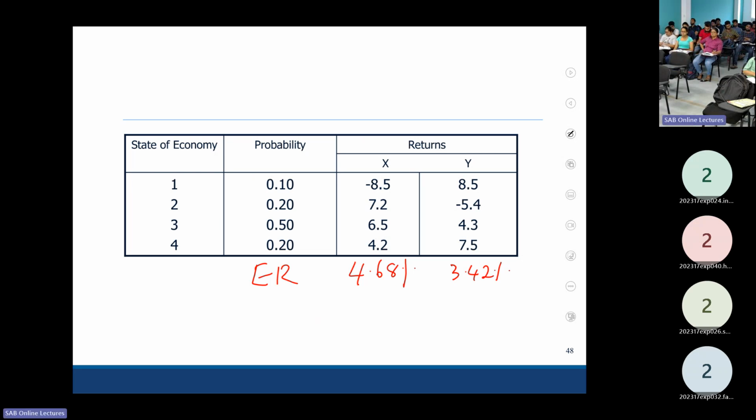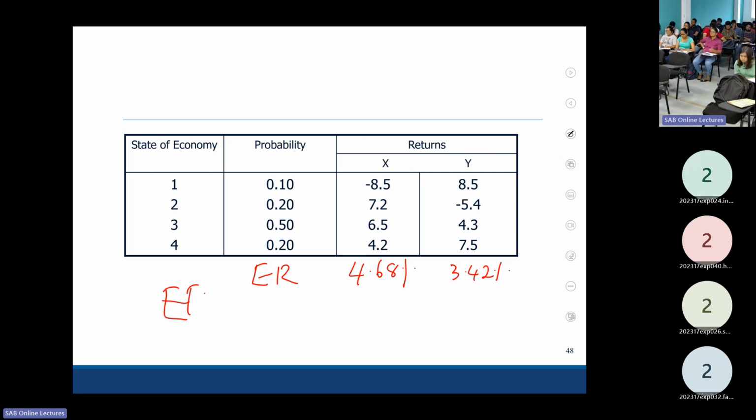This is the stock X, its forecasted return, expected return, its distribution, all are there. This is the stock Y, expected return. So by combining these two, going to construct the portfolio equally weighted. Then portfolio expected return is how much?